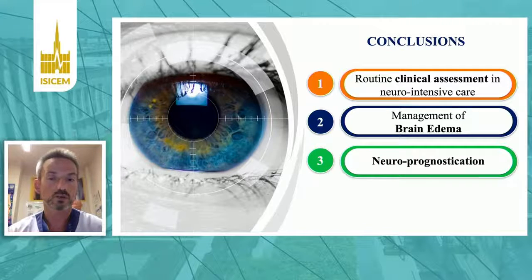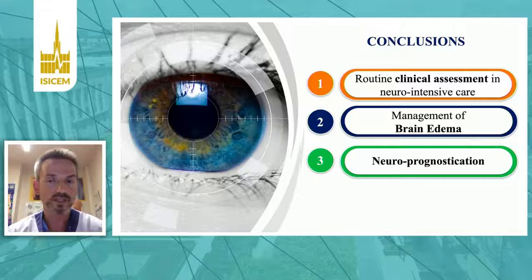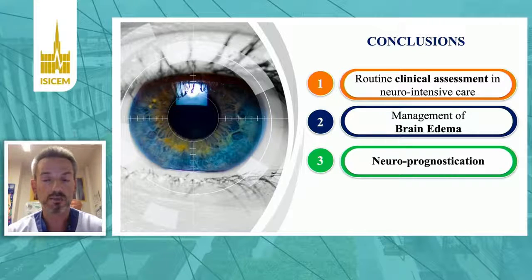Third, there is a role of automated pupillometry to assess neuroprognostication. There are few data on TBI, SAH, and ECMO. The more relevant data are in cardiac arrest, and we wait for the next guidelines to see how pupillometry could potentially be implemented in the next prognostication guidelines for anoxic brain injury.